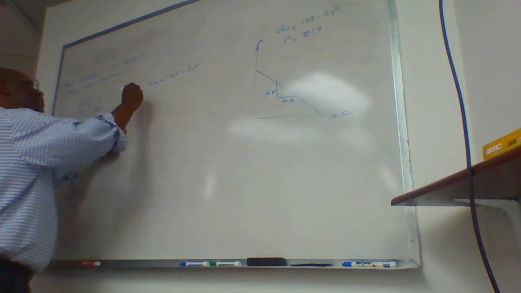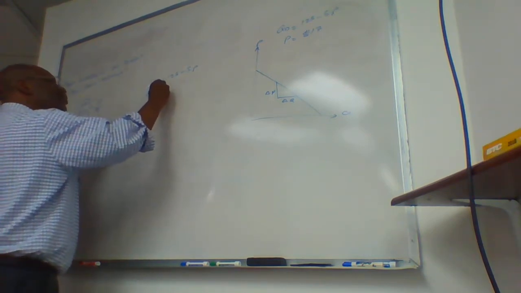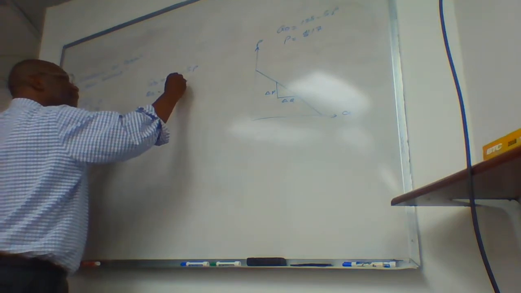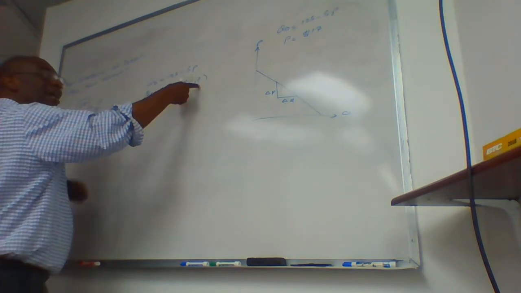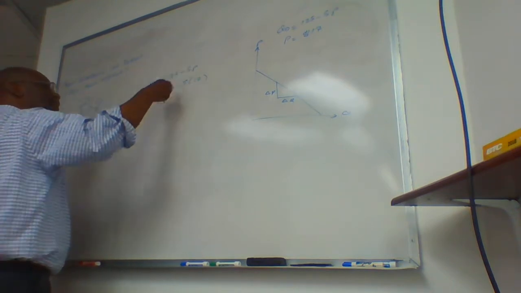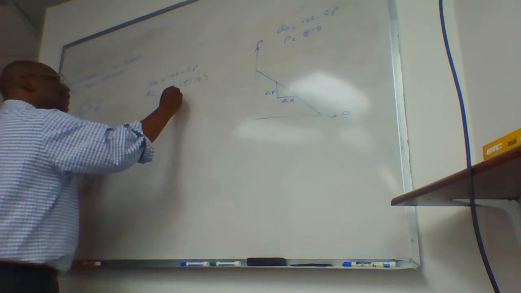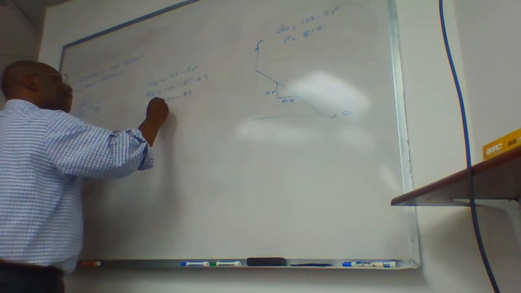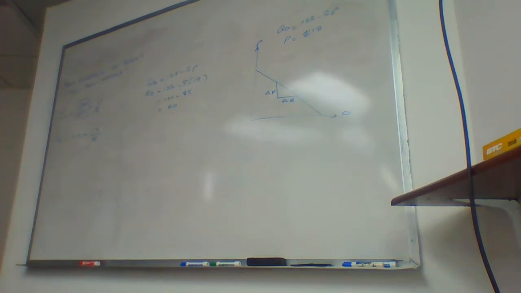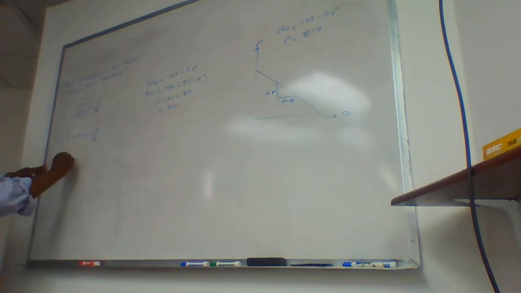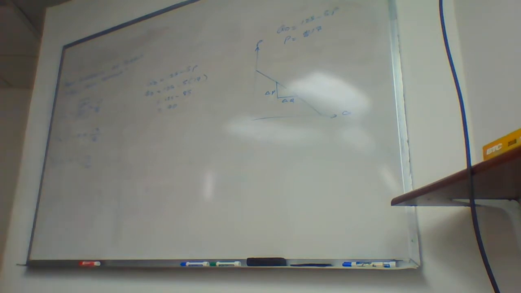So QD equals 125 minus 5 times 17. 5 times 7 is 35, put down 5 and carry 3, 5 times 1 is 5 and 3 is 8. 125 minus 85 gives me 40. So now I know my E of D is minus 5 times 17 over 40.